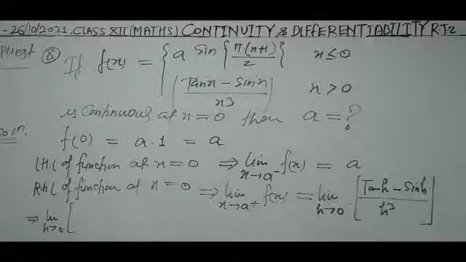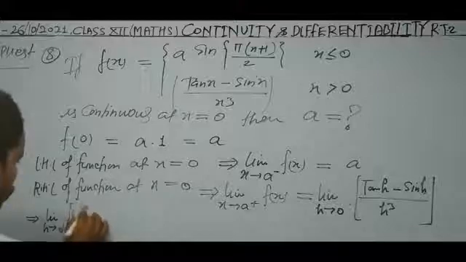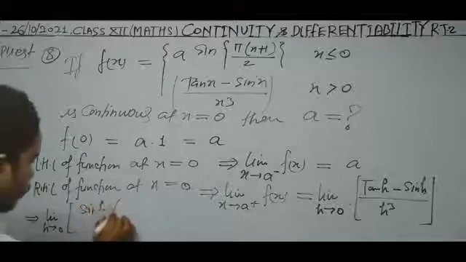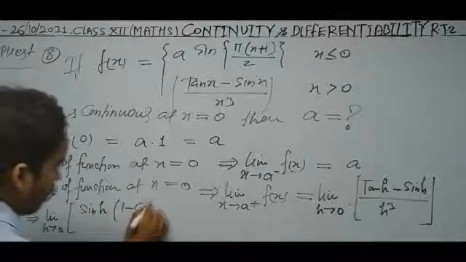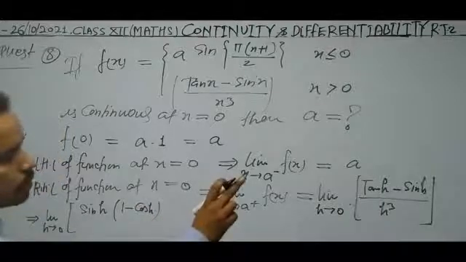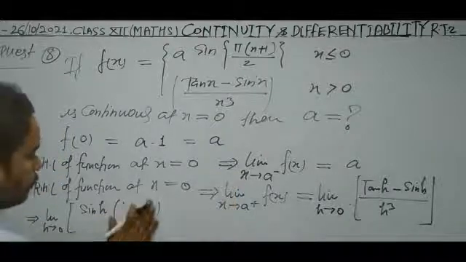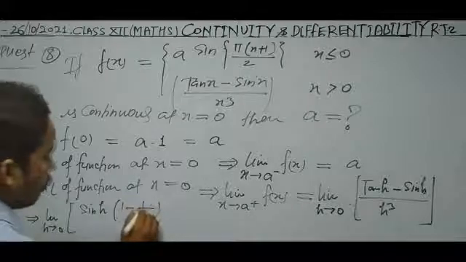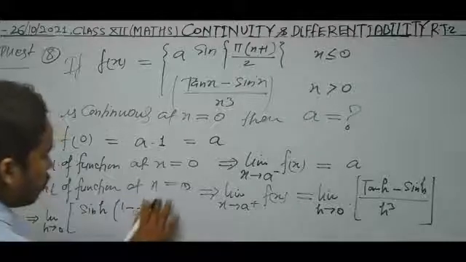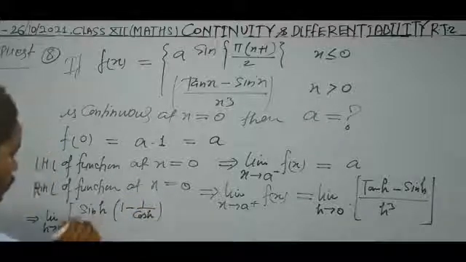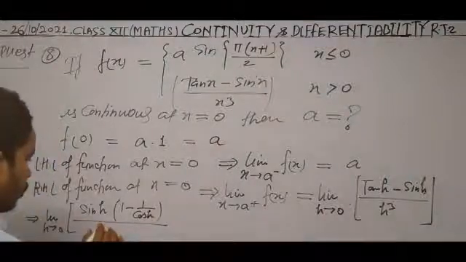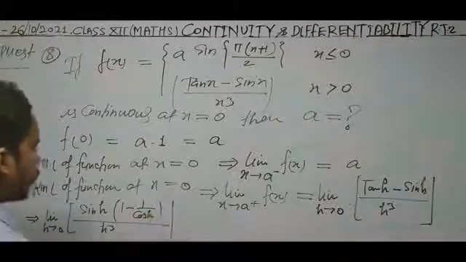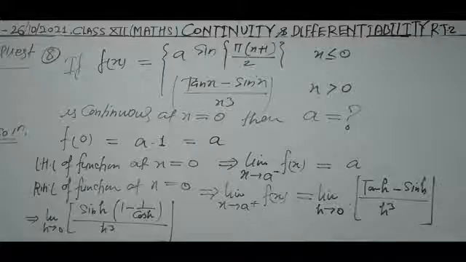So here you take sin h common. When you take sin h common, the expression will be sin h times 1 upon cos h minus 1, whole upon h cube. Now we can simplify easily.